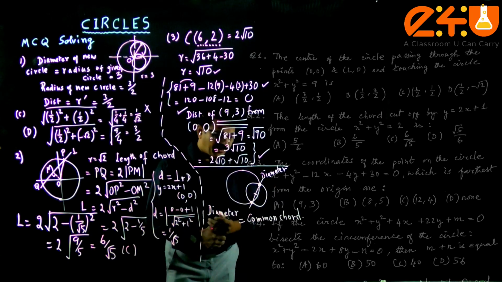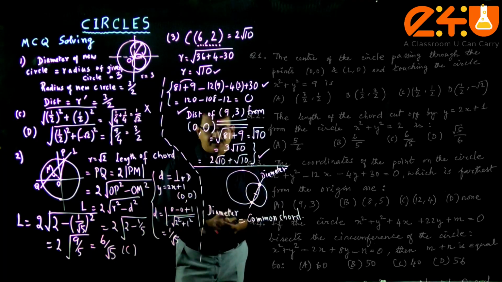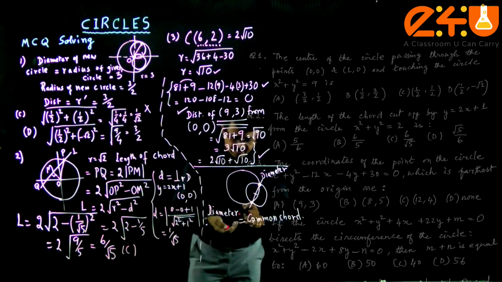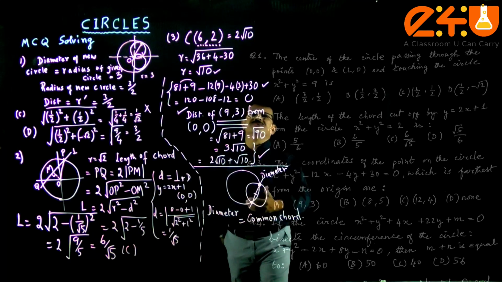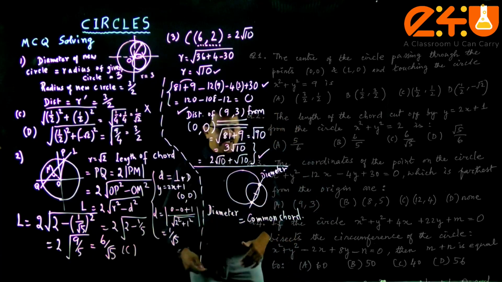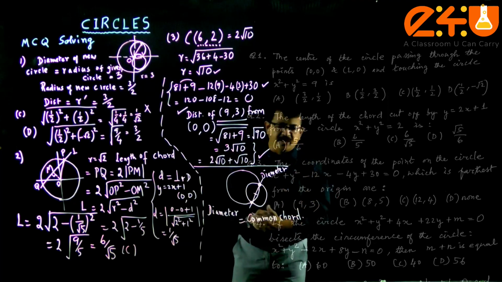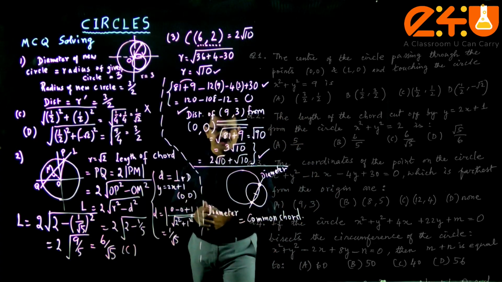So the common chord, how do you get the common chord? It is very simple. Get the difference between the two circles. Just subtract. By subtracting the equations of the two circles, we get the equation of a straight line, because by subtracting you are cancelling off the x squared term and the y squared term.